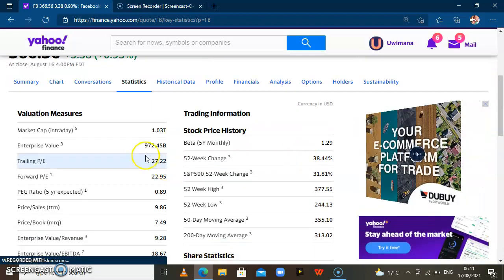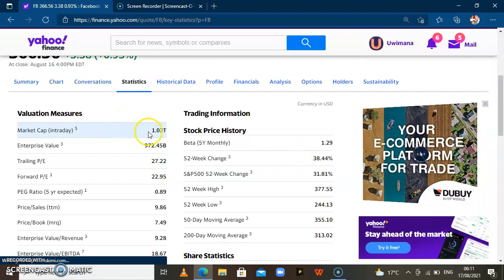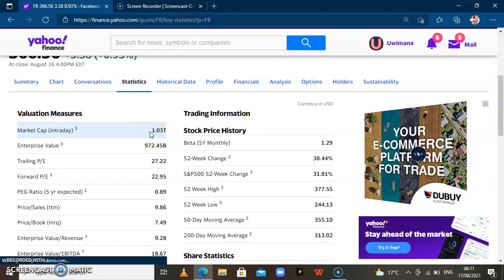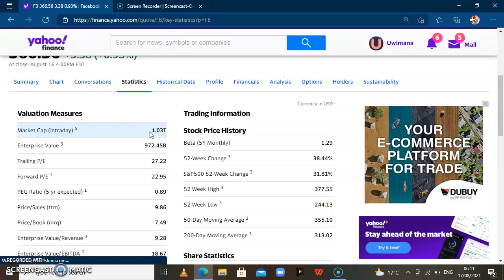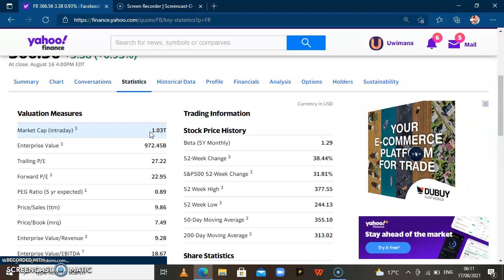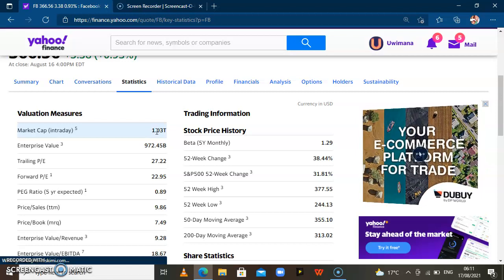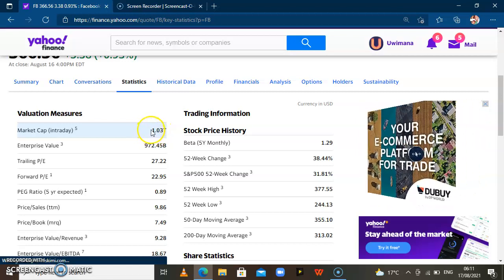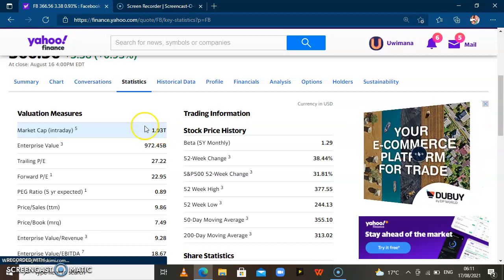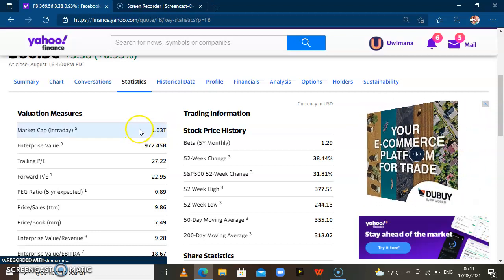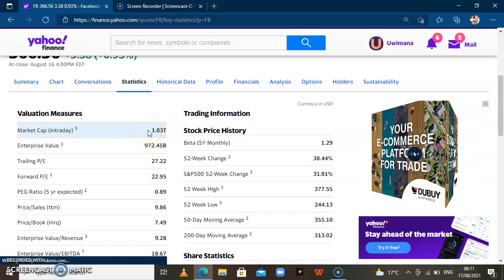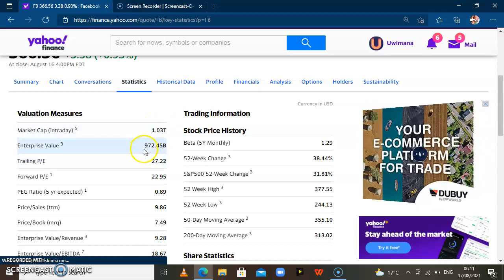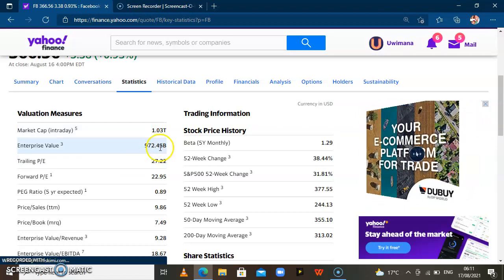So the market cap is something we have seen already yesterday, which means if you're going to buy all shares of this stock, how much can you pay? It's $1.03 trillion. It's a relatively large number, right? So this is like the total market valuation of this company. Now enterprise value is measured from the books, right?